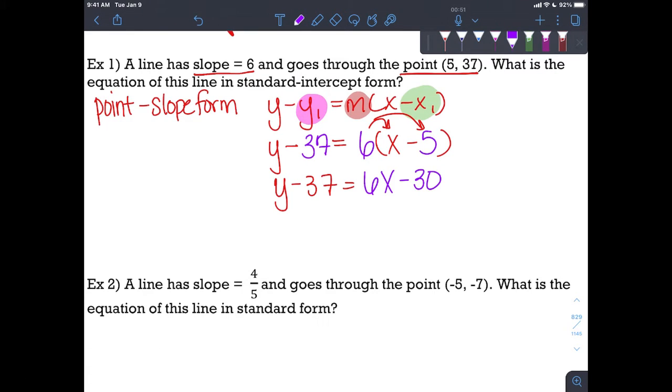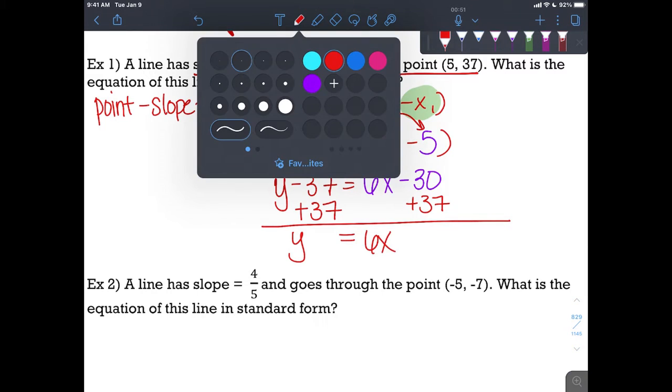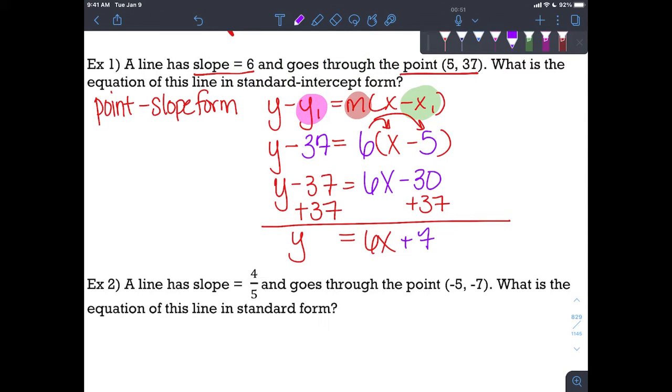First thing I want to do is gather up all of my numbers on this side because in both of those equations, the constant is on the right. So I'm going to move my 37 over. And I end up with y equals mx plus b.